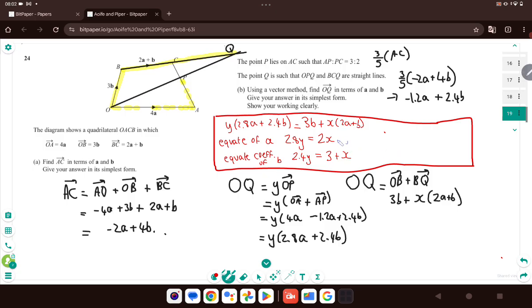I'm going to make x the subject and sub it into the bottom equation. So I'm going to divide both sides by 2, which gives me 1.4y is equal to x. Sub that into the bottom equation: 2.4y equals 3 plus 1.4y. Let's make y the subject. Take 1.4y off both sides, which gives us y is 3.